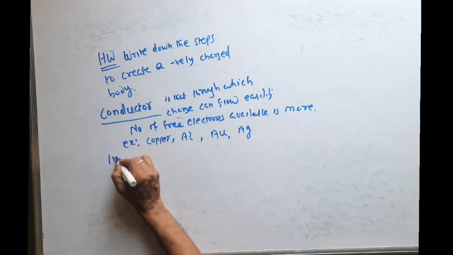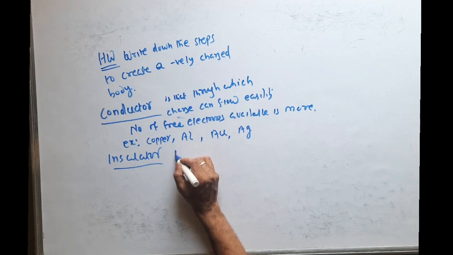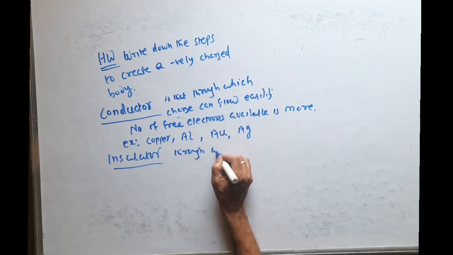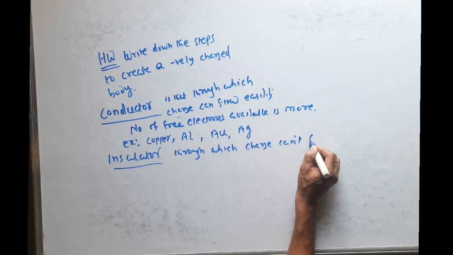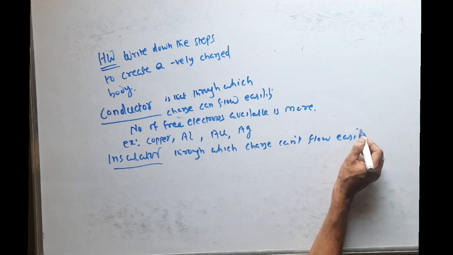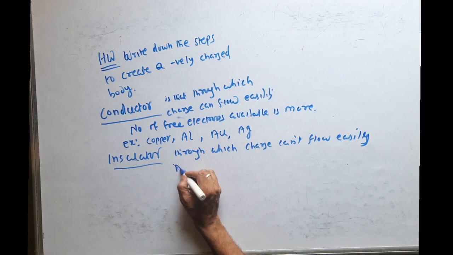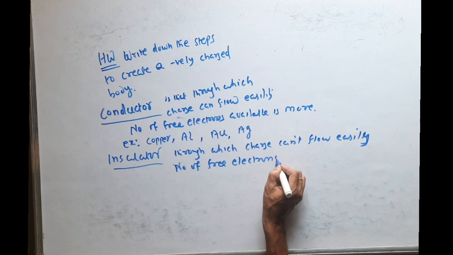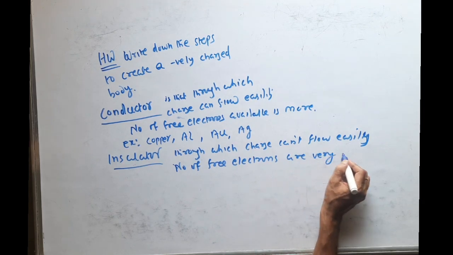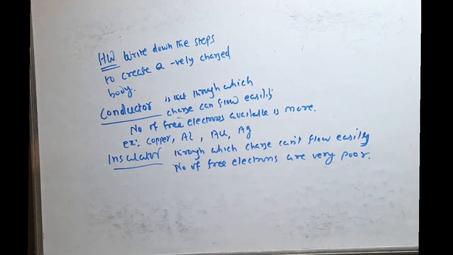Then what is an insulator? An insulator is that through which charge cannot flow easily. That means the number of free electrons is very poor, because free electrons carry the charge and move from one point to another inside the conductor.